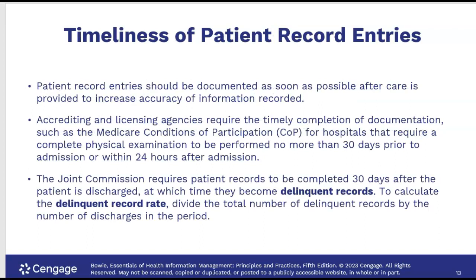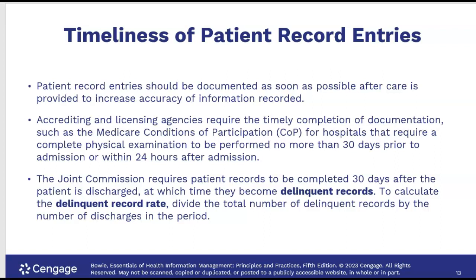Timeliness of patient record entries. This is really important. A couple of different things. You want it signed as soon as possible. One thing to remember is that Medicare conditions of participation require that a physical exam be performed no more than 30 days prior to admission or 24 hours after admission.